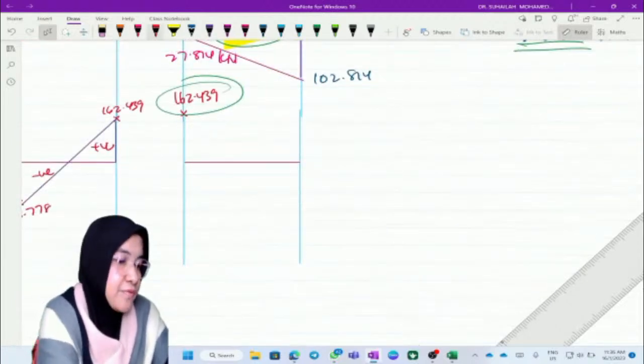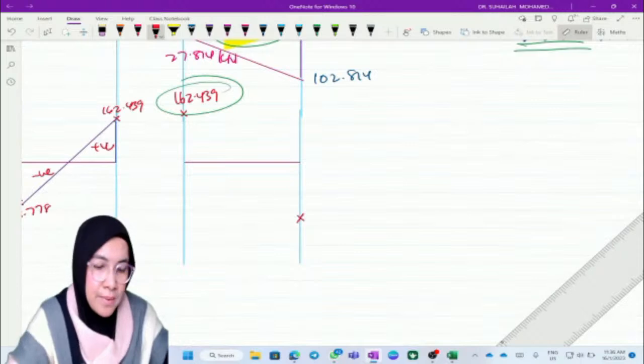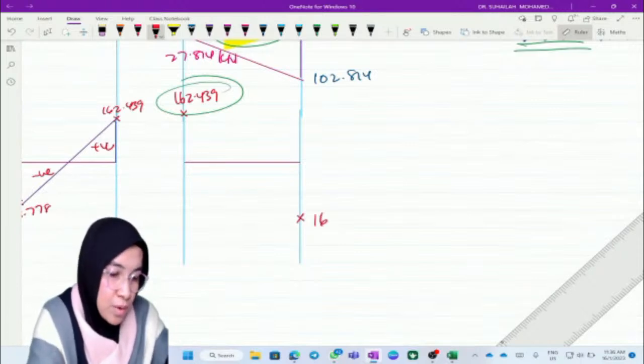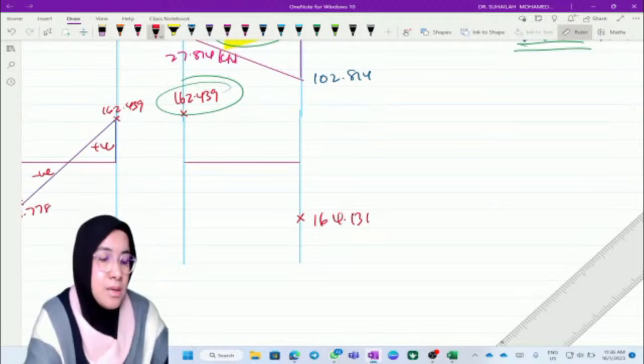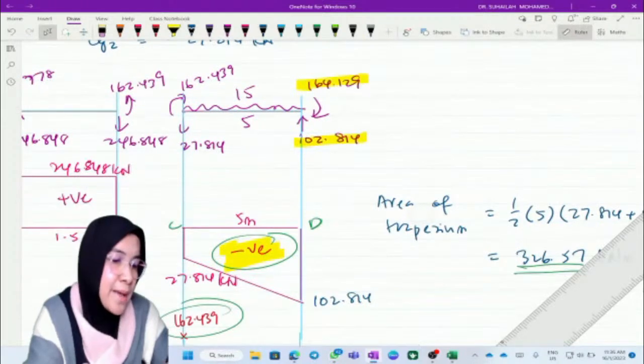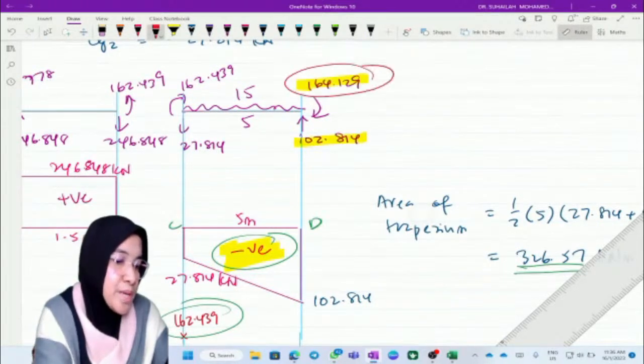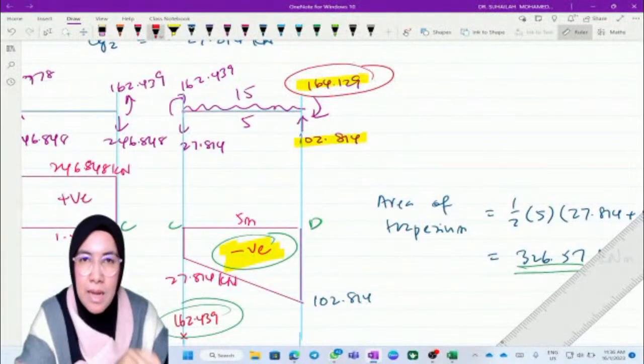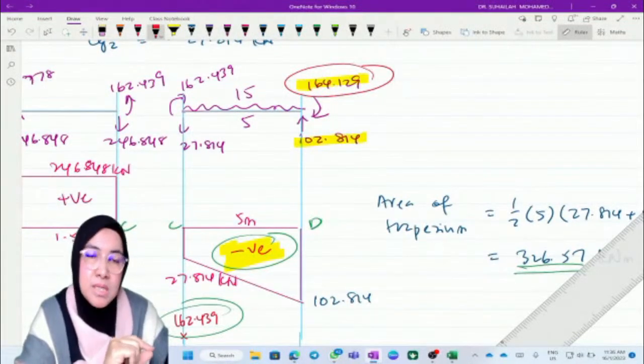Negative, below line, 164.13. This is negative because we will plus back with the last moment in the diagram, which is positive.